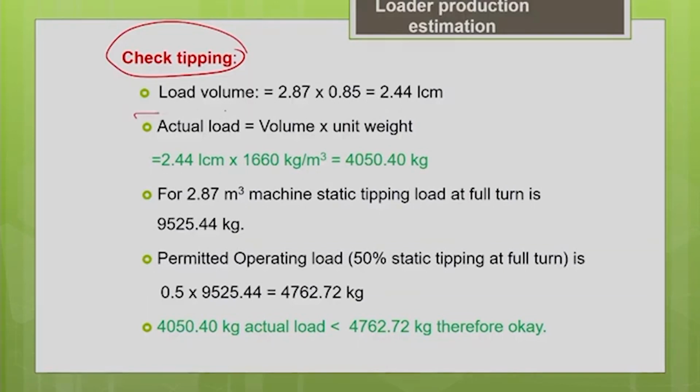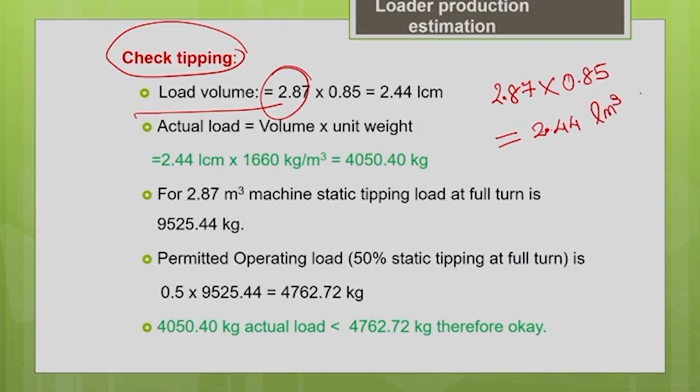Now, let me estimate the load volume. The bucket volume as rated by the manufacturer is 2.87, multiplied by the bucket fill factor 85%. That will give me the actual load volume in the bucket as 2.44 loose meter cube.